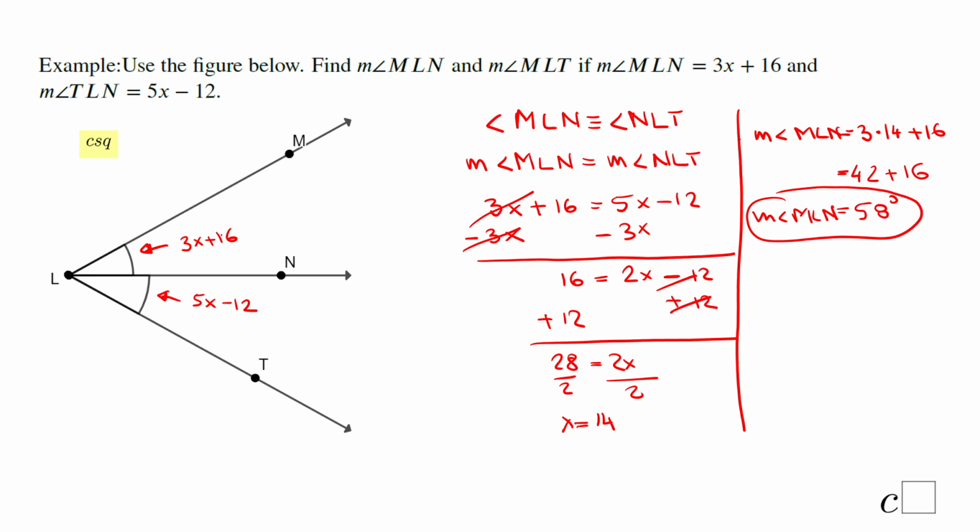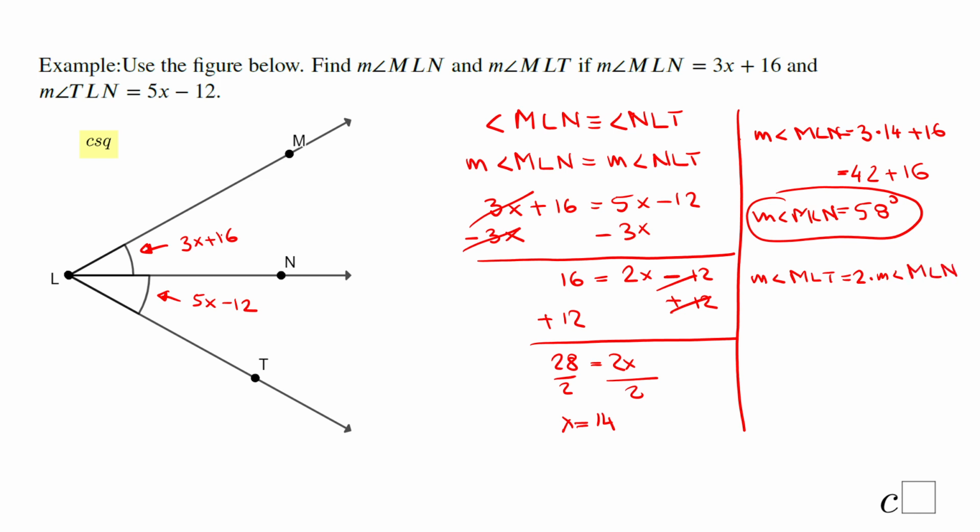The next thing will be to find the measure of angle MLT, the big angle. So now be careful. An easy way to do it is just 2 times the measure of angle MLN.